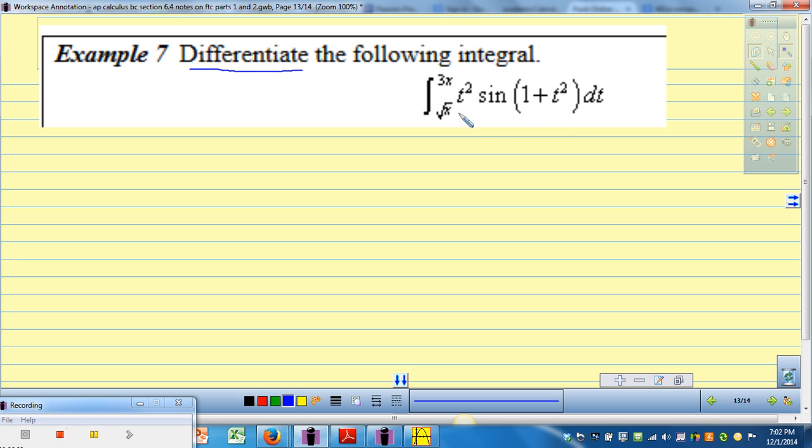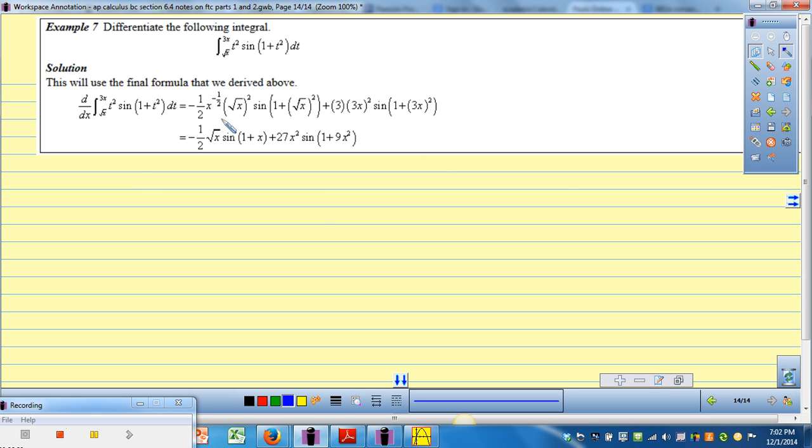We'll evaluate this function at the upper integration limit, 3x, and then multiply by the derivative of the inside, which would be 3, minus this function evaluated at the square root of x, times the derivative of the inside, which would be 1/2 x to the negative 1/2. So let's go ahead and take a look at the solution.